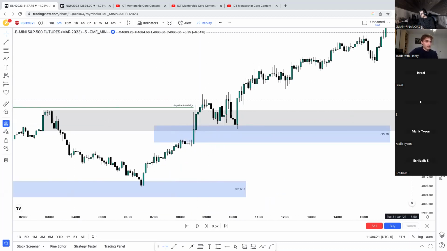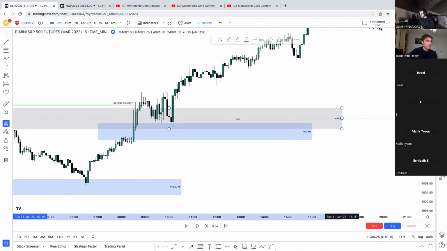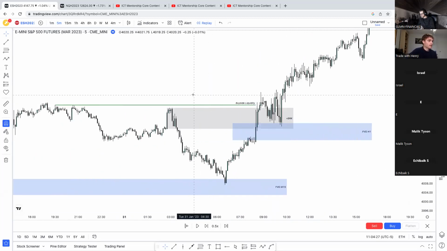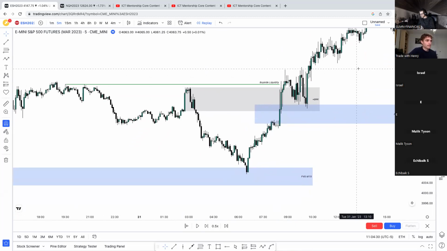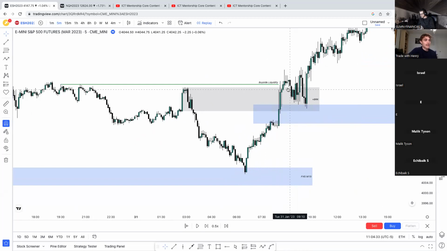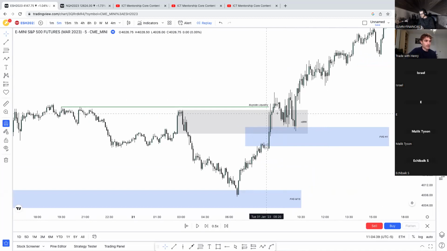But what this tells us too, since we're inside this 15-minute breaker, is looking at this from the higher time frame bias. As we're trading inside here, our expectation based on the narrative and the market structure that we're seeing is for price to trade higher.